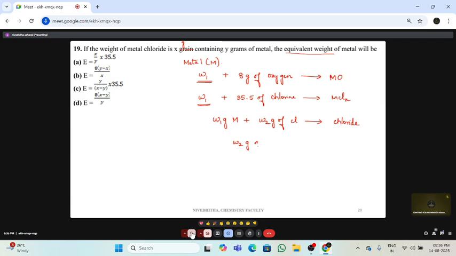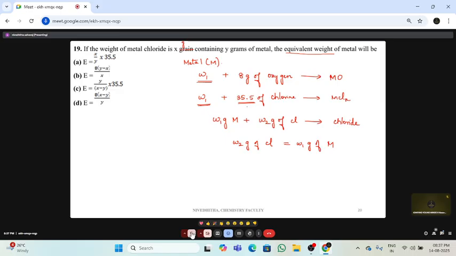W2 gram of chlorine is reacting completely with W1 gram of metal. So what is the equivalent weight? It is not for some random W2. So here the definition is specifically W1, the quantity of metal required to react completely with 35.5 gram of chlorine.